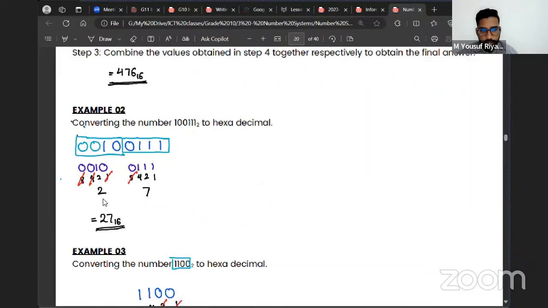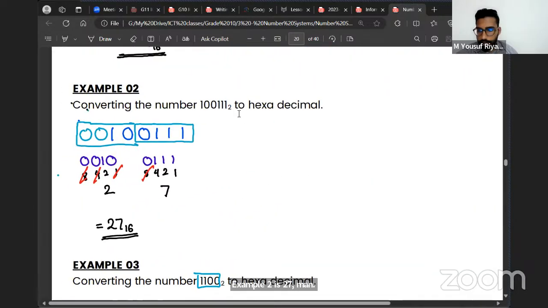From where do we get R? In letters, we have only A to F for 10, 11, 12, 13, 14, 15. And for that, the number should be 10, 11, 12, 13, 14 or 15 to change into letters. From where do we get R?